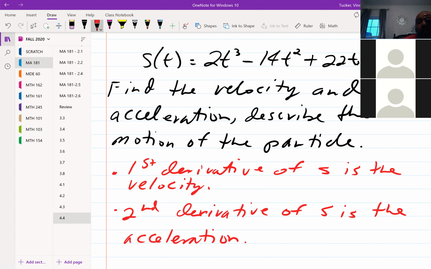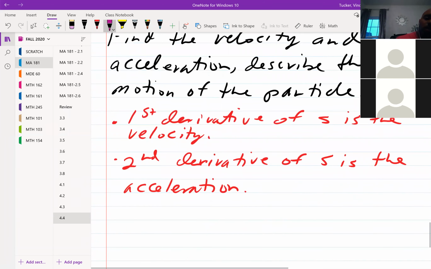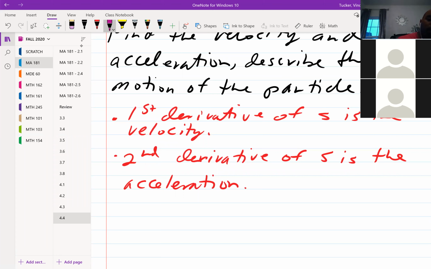The first derivative of s is the velocity. The second derivative of s is the acceleration. So let's go ahead and find both of those. As a matter of fact, I'll write s of t right here, just so I don't have to keep scrolling up.